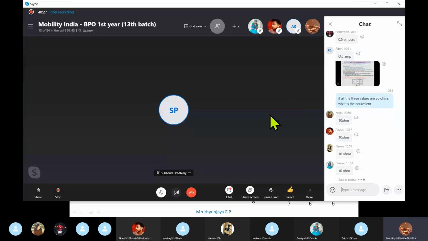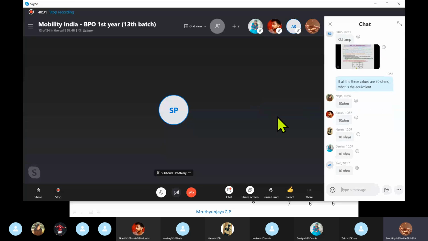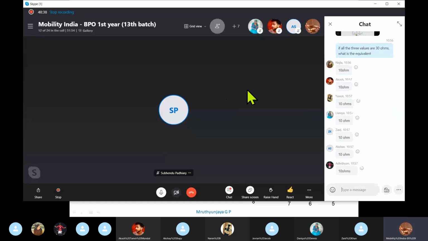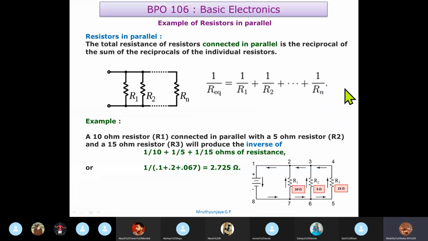You are understanding it in a much better way. That's nice to see that. You should be careful. It is not 30 ohms. It is 10 ohms. 1 by 30 plus 1 by 30 plus 1 by 30 equal to 1 by R equivalent. Right? That is the way we should think of. Hope it is clear so far.